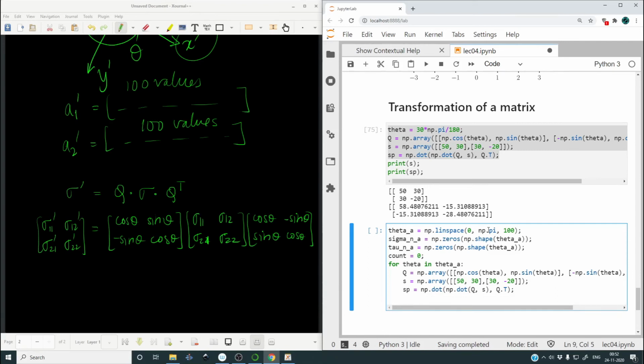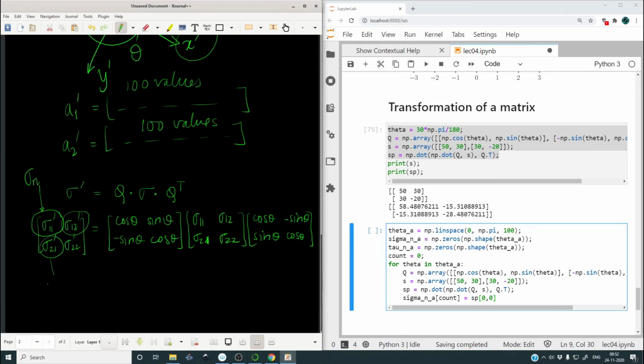So now let us set sigma n a count as sp 0 comma 0. That is, this particular element we are declaring as sigma n. These elements we are declaring as tau n. So these are some of the notations that appear in solid mechanics.